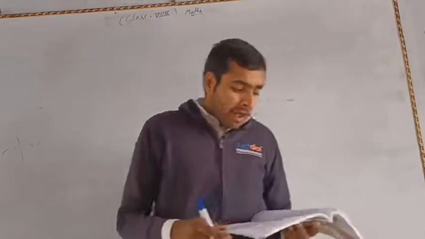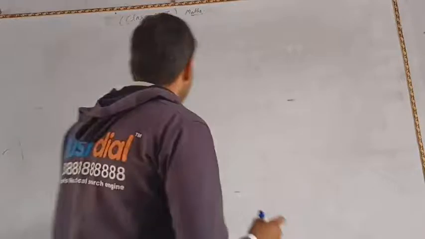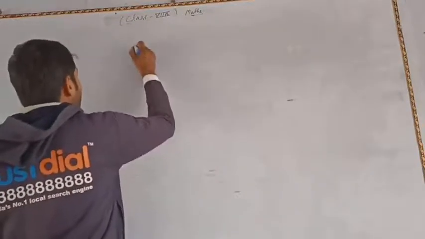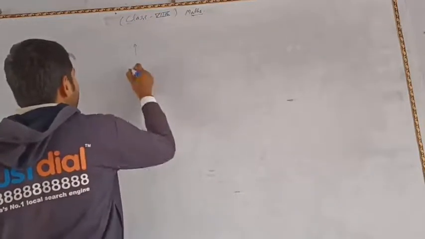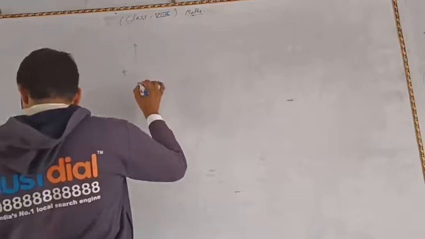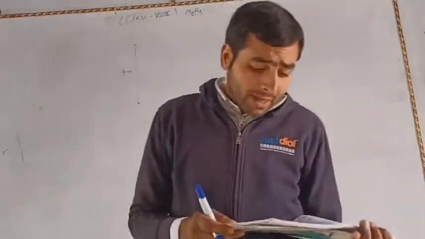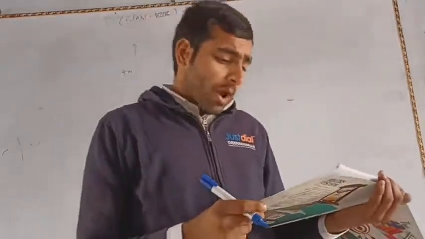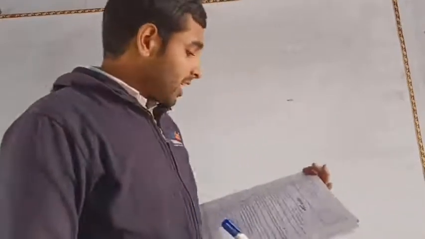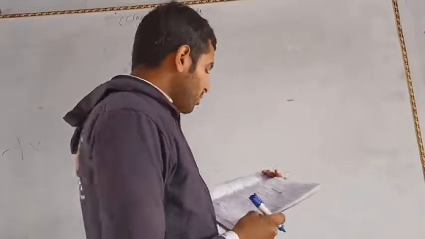Here it is given that the height of a pole is 4 meters. Find the length of the rope tied to its top from a point on the ground at a distance of 3 meters from its bottom.